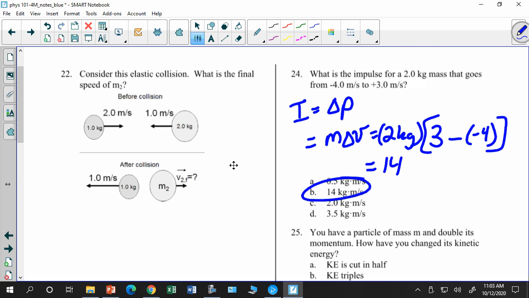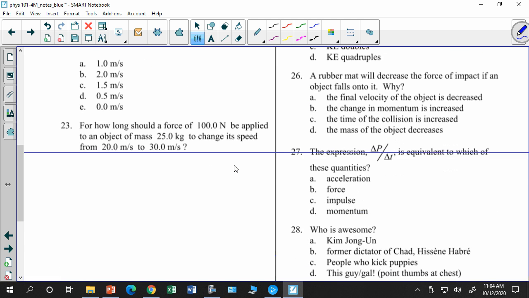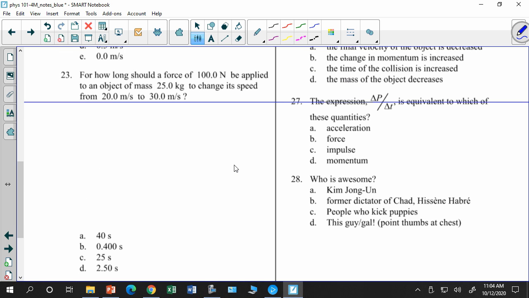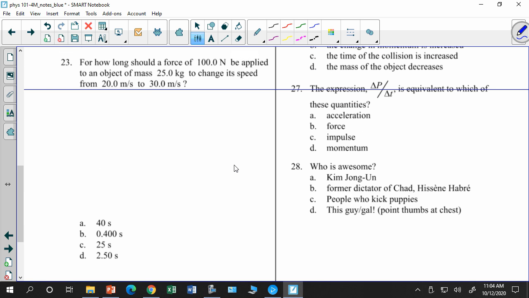You'll have other Newton's second law problems. Well, this is a good one. For how long should a force of 100 newtons be applied to an object to change its speed from 20 to 30? Anytime I see forces involved, think Newton's second law, but think it in terms of momentum, that F is equal to delta P over delta T. If I have a change in momentum, that means that I've had a force acting on that object. And here I'm looking for how long that force has to act.